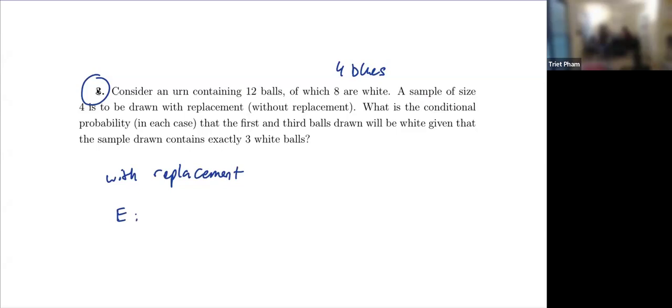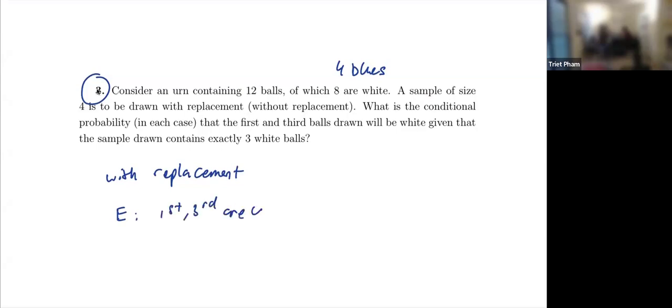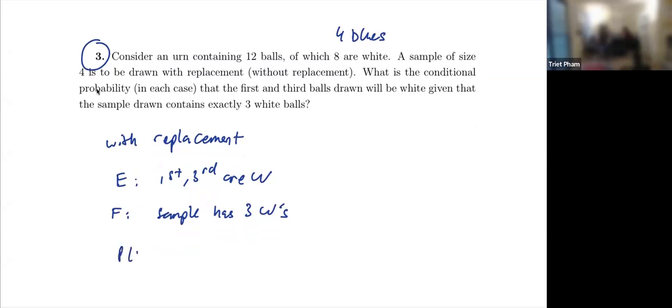Okay, so E is what? First and third are white. F is the sample has exactly 3 whites. And so P of E given F is P(EF) over P(F).